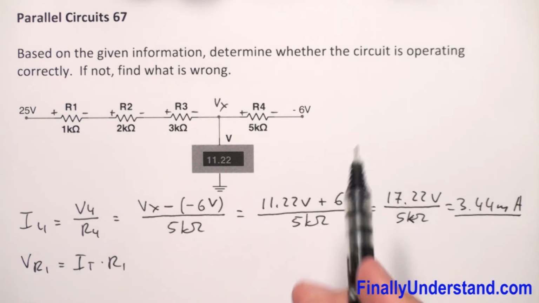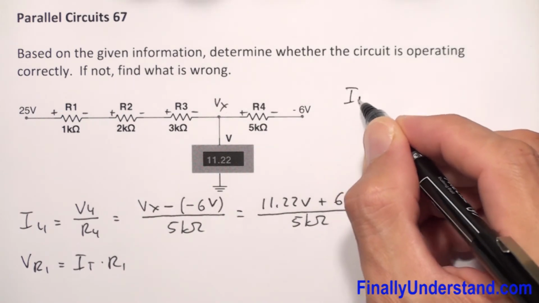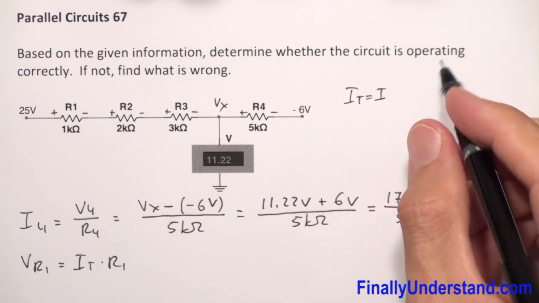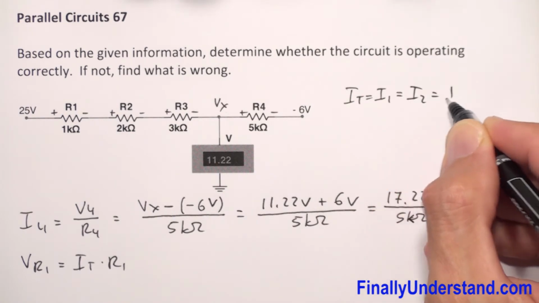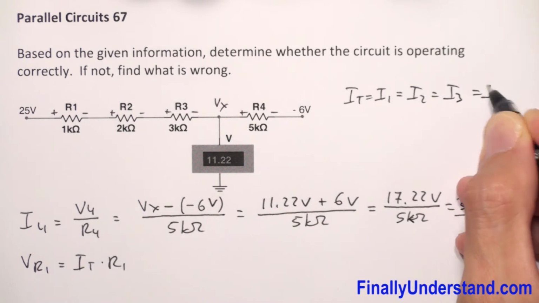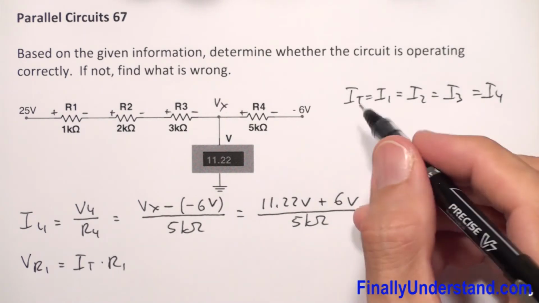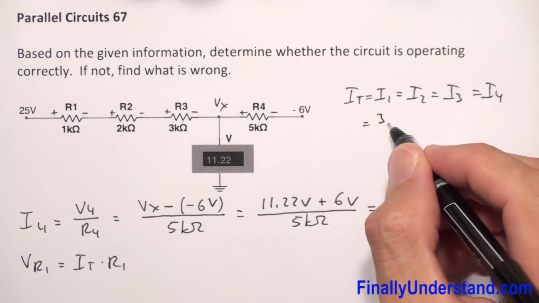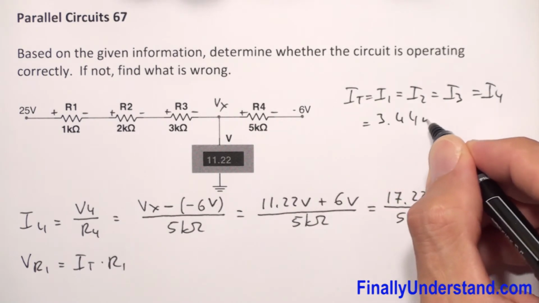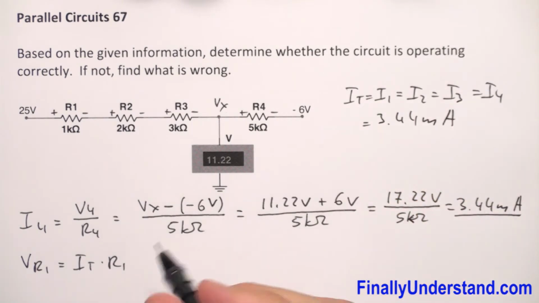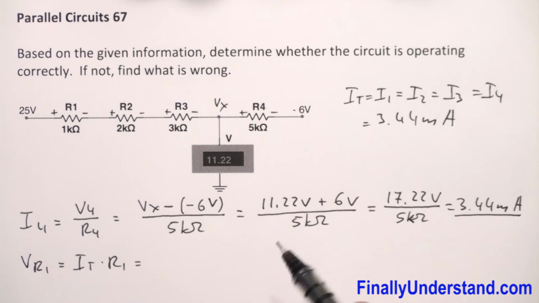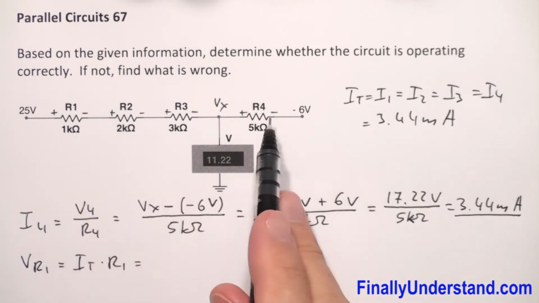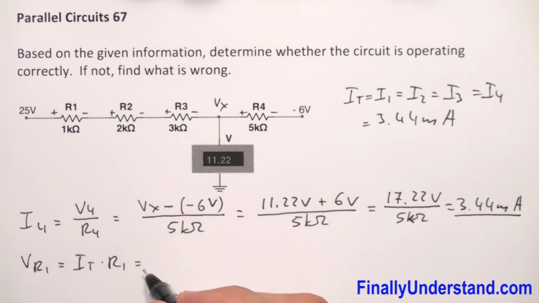In a series circuit, current is the same, so I can say that I total is equal to I1, equal also to I2, equal to I3, and this is also equal to I4. And in our case, this is equal to 3.44 milliamps. So I can use I1, I2, I3, or I4. Doesn't matter because this is a series circuit. In a series circuit, current is always the same.